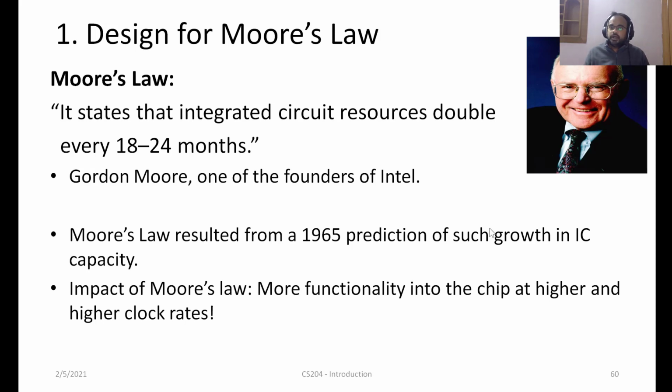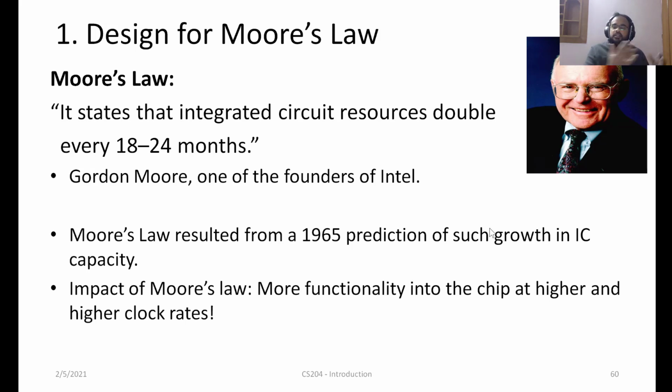Another way of looking at it is, let's say we have a small chip with dimension 1 mm by 1 mm. Let's say a couple of years back it had 100 transistors. Now, after 2 years or maybe 1.5 years later, we have 200 transistors in the same area. So even though we are able to include more functionality, the area stays the same.